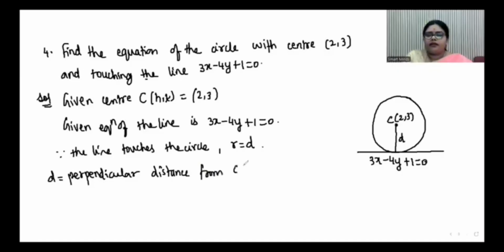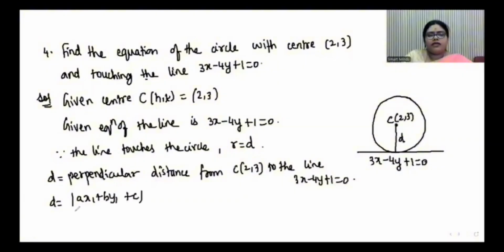from center 2, 3 to the line 3x minus 4y plus 1 is equal to 0. Now what is the formula for perpendicular distance? Mod ax1 plus by1 plus c by root a square plus b square.